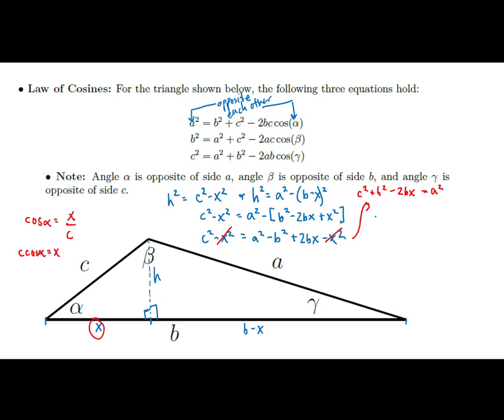So all I have to do here is replace x with c times the cosine of alpha, and I have that first version of the formula. And of course you can get the other two just by setting up this triangle a little bit differently.